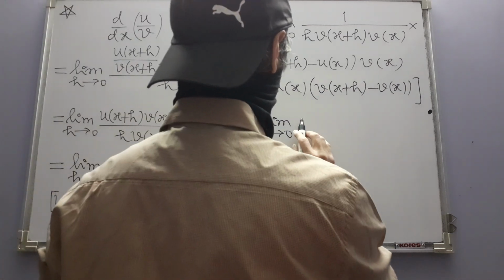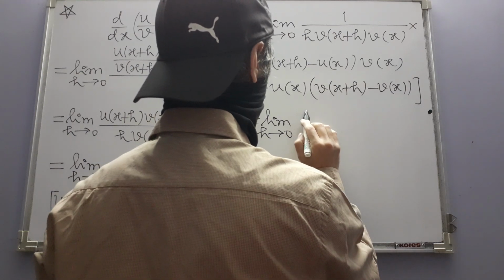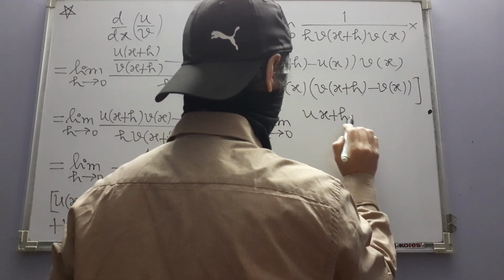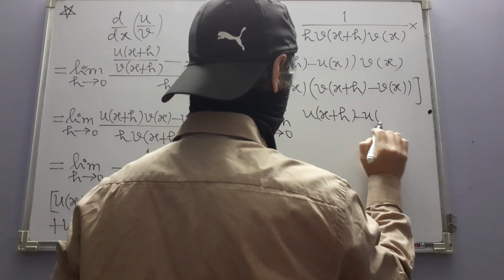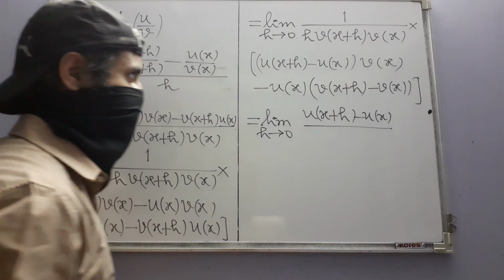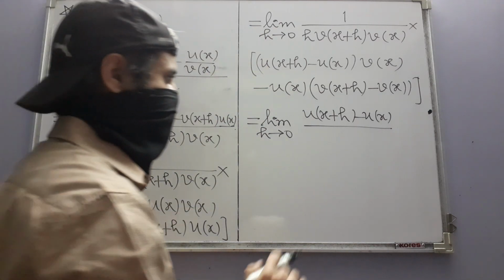And that's why you will be left with what? u of x plus h minus u of x. Below it, say I write simply h. Okay.